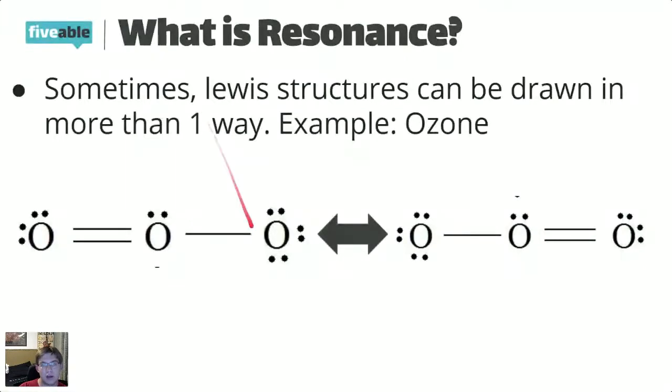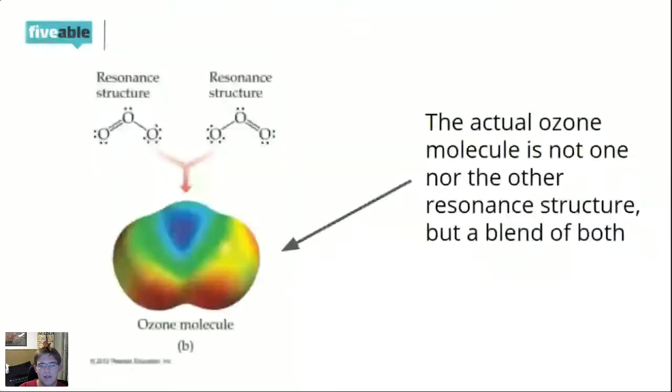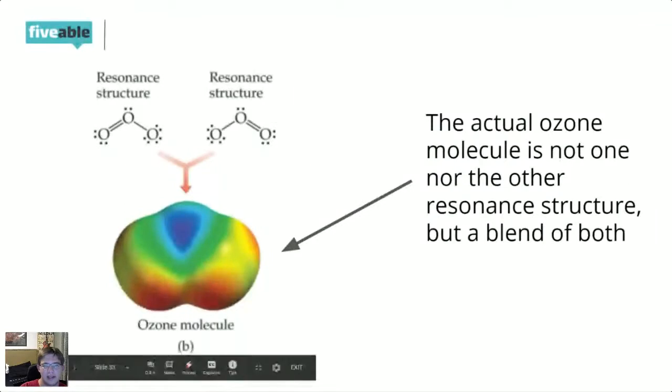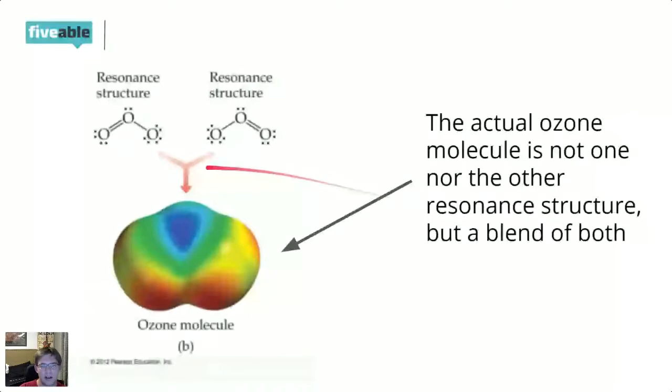The thing with resonance is that you kind of get a blending of the two resonance structures, right? This is where resonance kind of gets a little hairy with some people in terms of conceptualizing. So we have our two resonance structures here, right? We have our double bond on the left, double bond on the right.